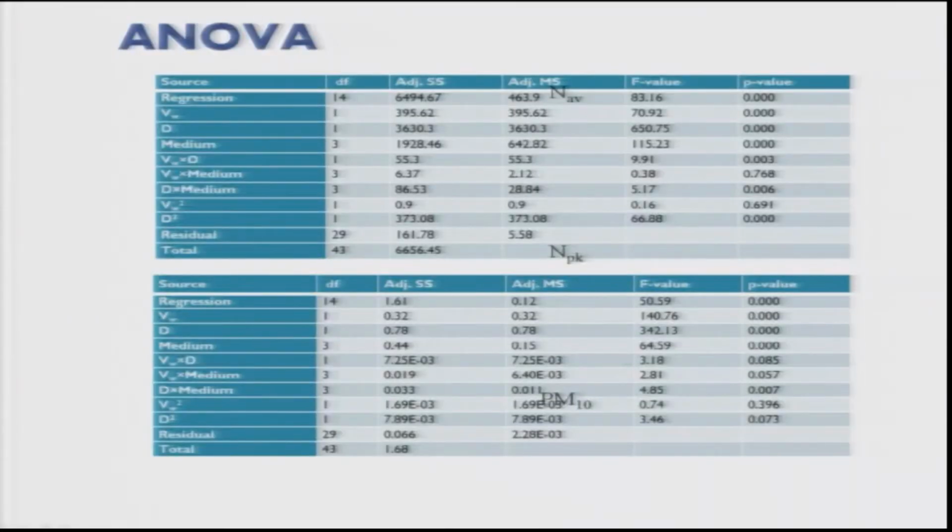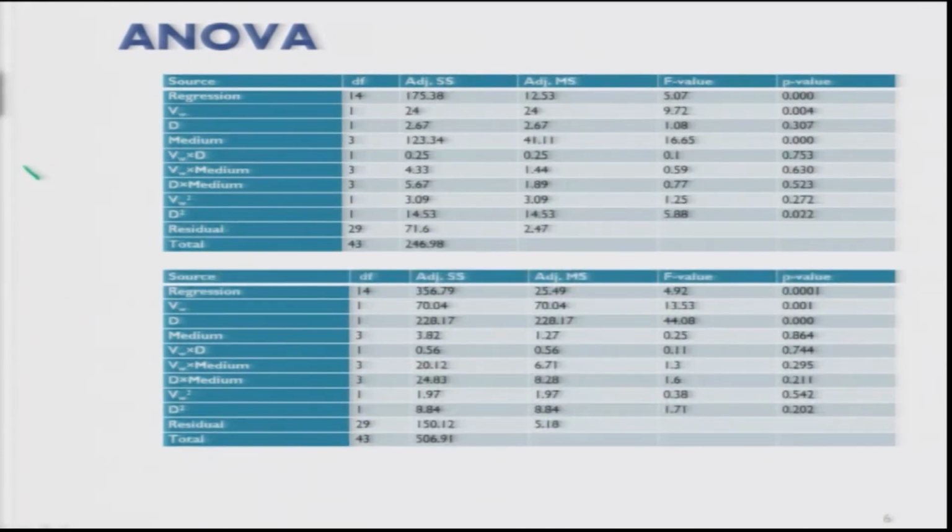So, this is the analysis of variance result for my force, surface roughness, average noise intensity, and peak noise intensity.